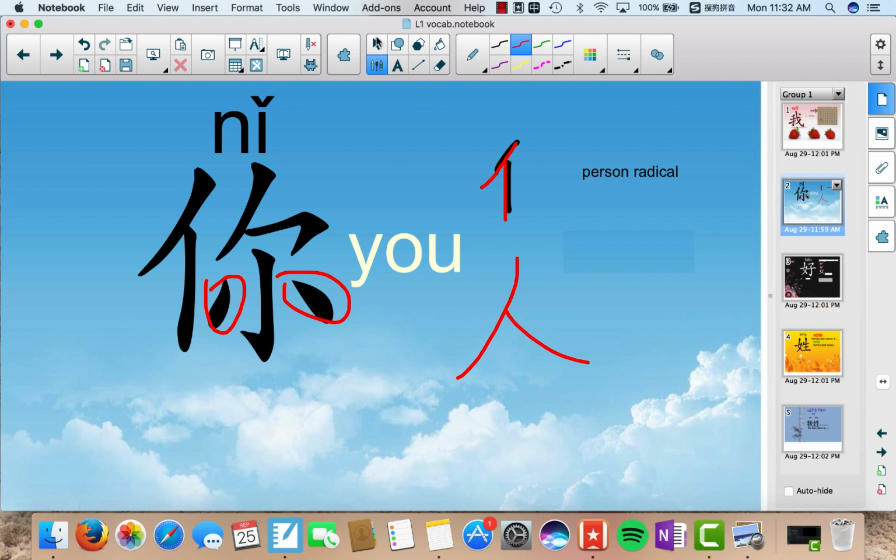Have a look. So, imagine this is character person, right? But you're going to change the character to the radical. So what you are going to do is squash a little bit to the side. This is how person radical is made. Okay? 你 in the word 你好.